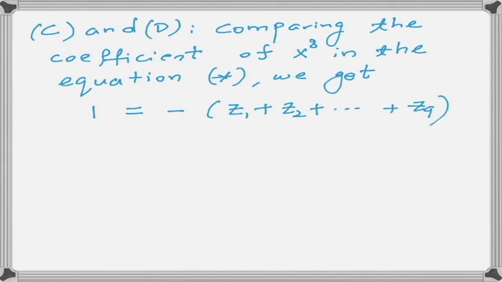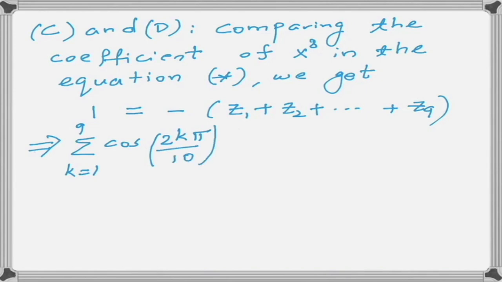Let us substitute the value of zk in this equation and simplify it further. So we will get that summation k goes from 1 to 9 of cos 2k pi by 10 plus i sin 2k pi by 10 equals minus 1.